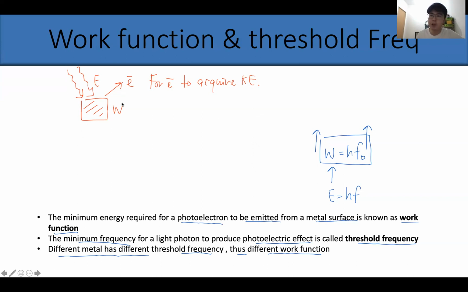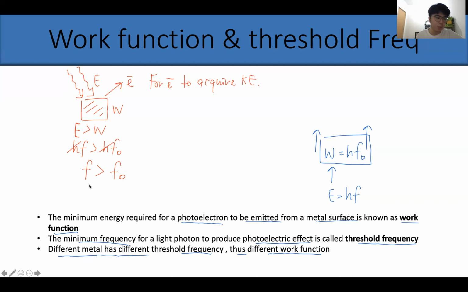If you want the electron to get kinetic energy, the energy of the light must be bigger than the work function. So E bigger than the work function. So we have hf bigger than hf naught. Cancel, cancel. So f bigger than f naught.